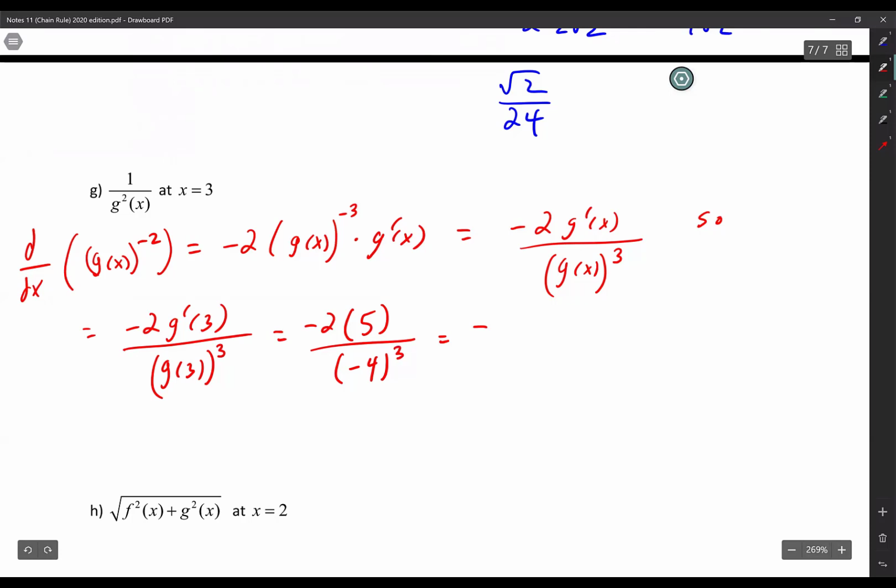I know, man, I make mistakes. Sorry. All right. So now I have a negative divided by a negative, which is going to be positive. 2 times 5 is 10. And then 4 to the 3rd power. 4 times 4 is 16. 16 times 4 is 64. That reduces, let's see, 5 over 32. I think that's it.